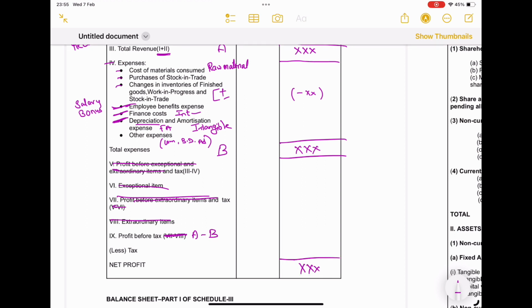This is how we will be solving, but it will not be as easy as you think, because from this chapter, section C questions, 12-mark or 15-mark problems, will be asked. So you have to prepare the P&L account along with the balance sheet.